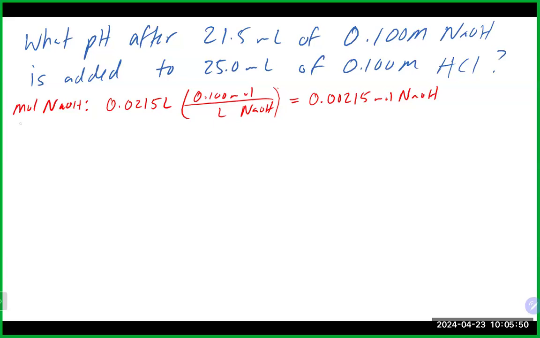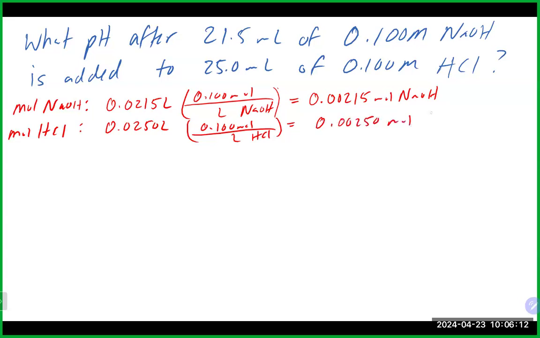We do need to do the same thing for our HCl, converting our volume into liters, times its molarity as well. That gets us 0.0025 moles of HCl. So now we can do our ice table.